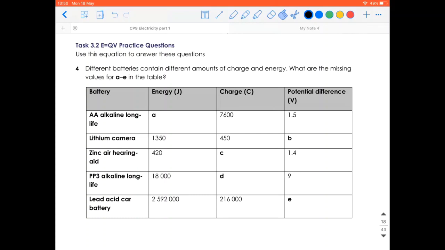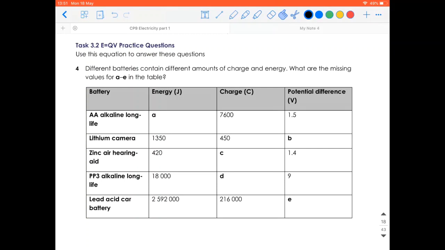We're going to write down the things we know and the things we don't know, write the formula, put in the numbers that we know, and then do any calculations that we need to. I'm going to again just do the first couple of these in the table, and I'm also going to quickly talk about the next question as well, because there's some information in there that you might find more difficult.